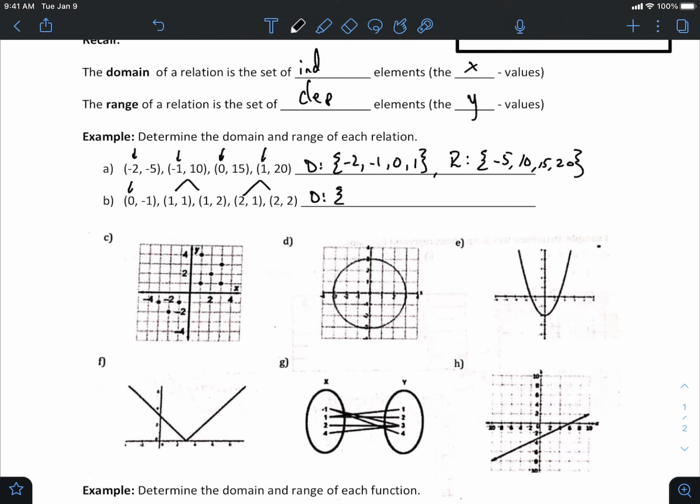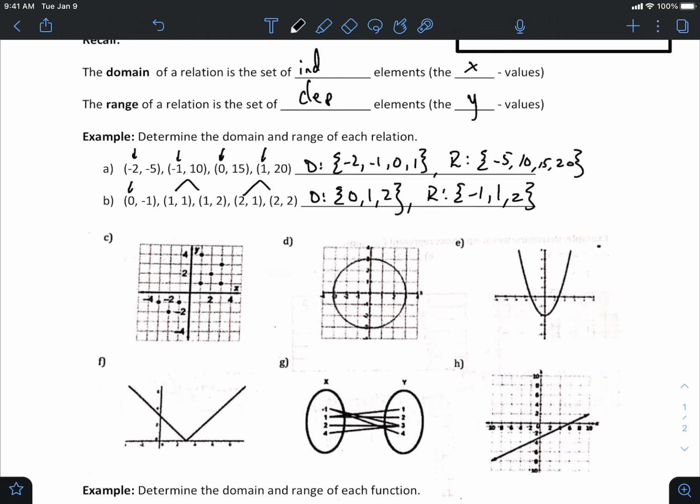So you're going to have 0, 1, and 2 for the domain. And then for the range, we're going to have -1, 1, and 2. Does that look correct, everybody?